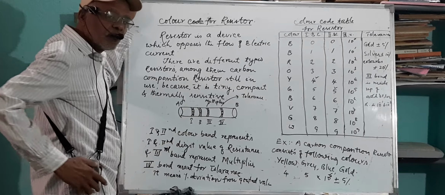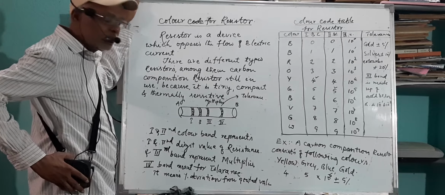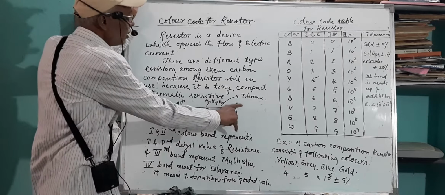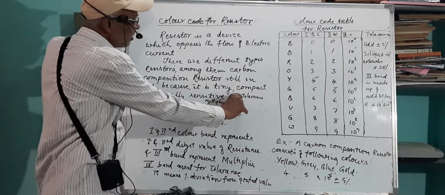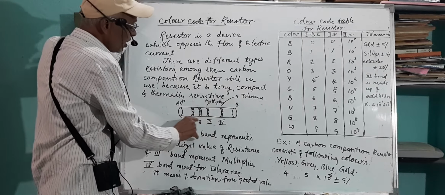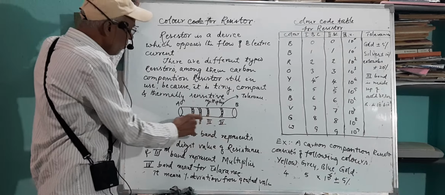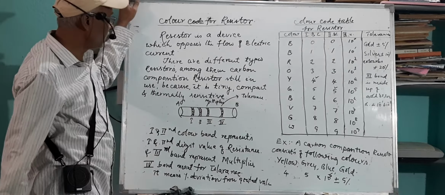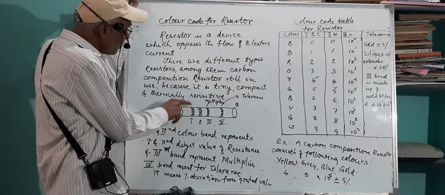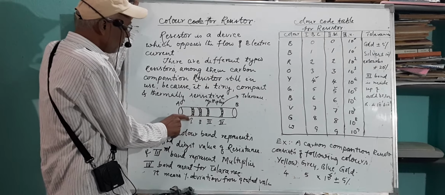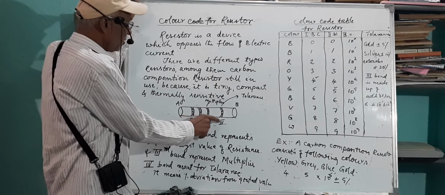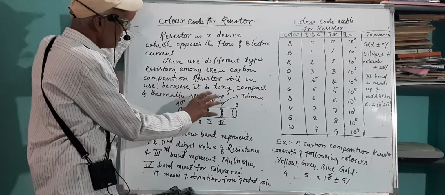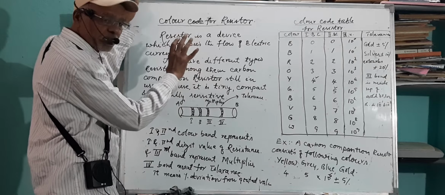Like this, there are four bands printed on this carbon composition resistor. This is the rod shape carbon composition resistor. Over this rod shape carbon composition resistor, there is a sequence of color bands: first band, second band, third band, fourth band.